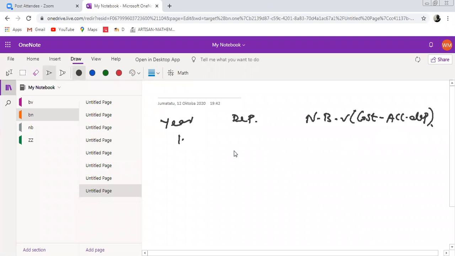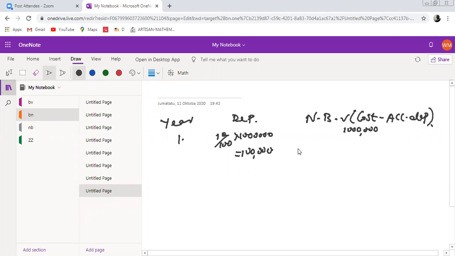So for year 1, because it is the first year this motor vehicle is being used, the depreciation will be 10% times 1 million, which is going to be 100,000. That is the depreciation for year 1. Remember, this motor vehicle had a cost of 1 million.